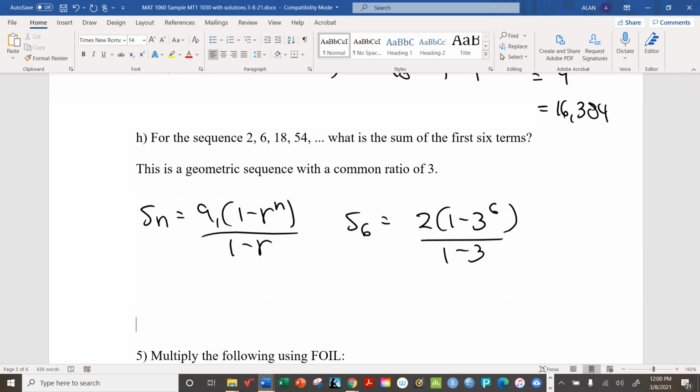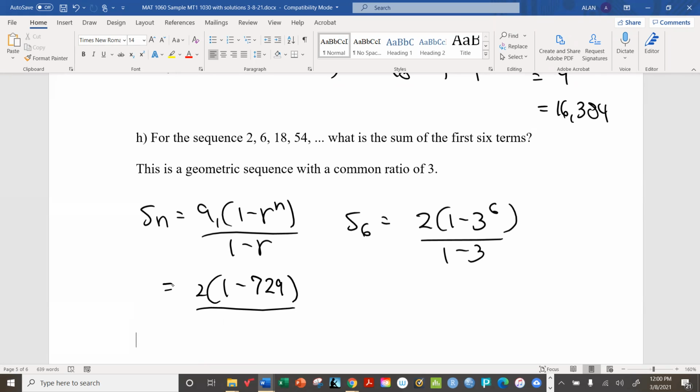All right, so now we just do some algebra. 3 to the 6th is 729, as it turns out. One minus 3 is clearly minus 2.